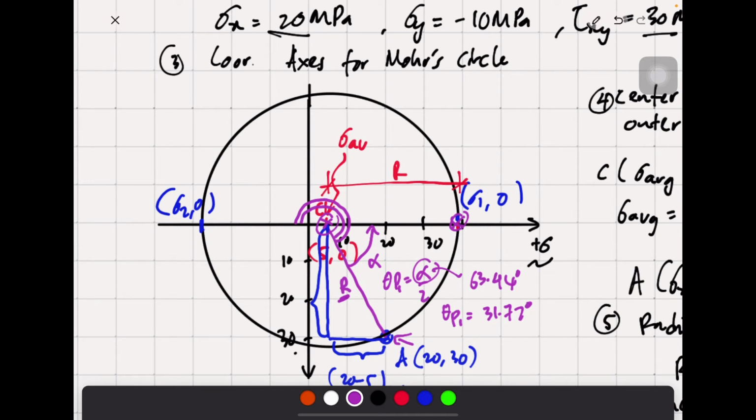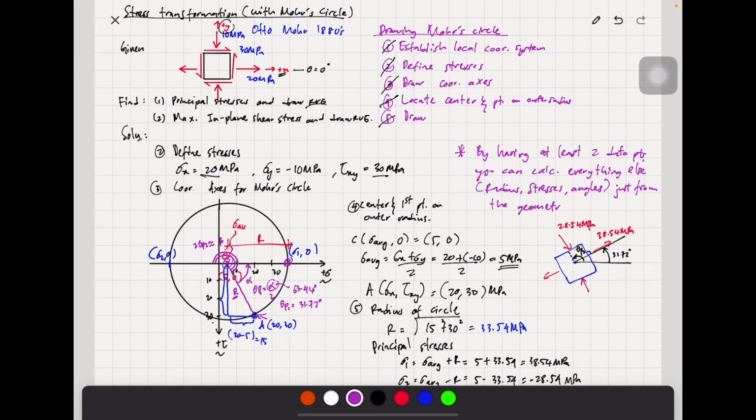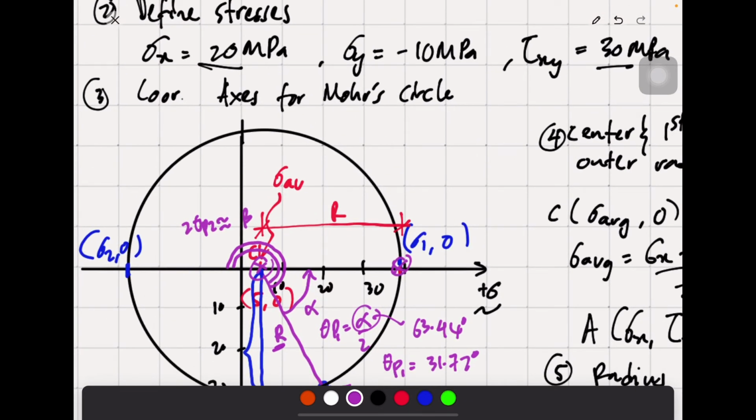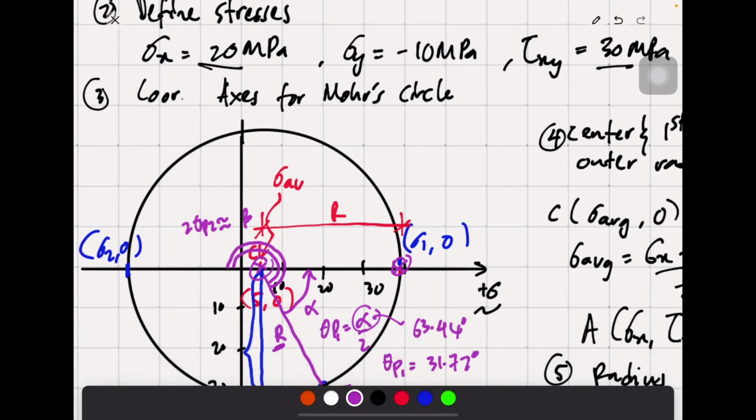You can also call this 2 theta p2, or simply beta. The other value, if you sum 180 degrees with 63.44, you will get 243.44 for your beta.